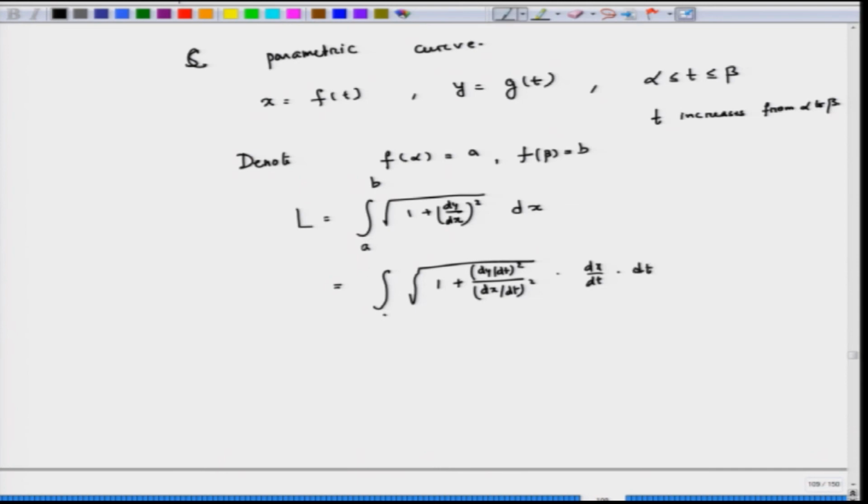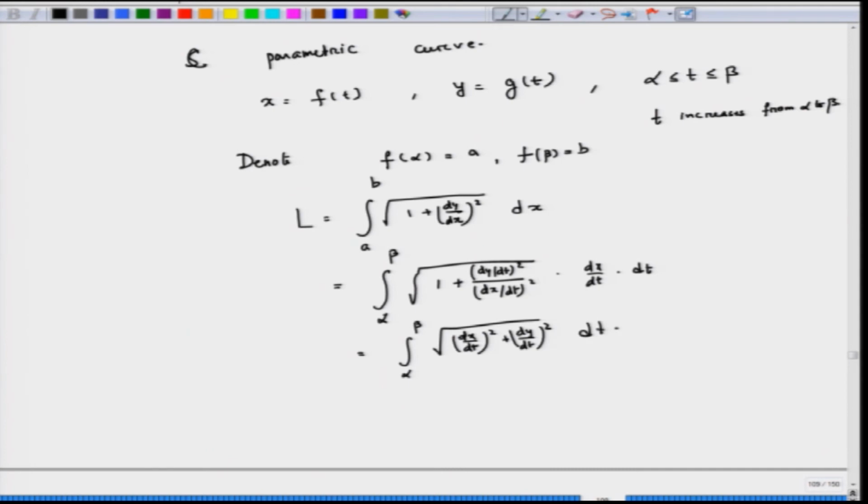Now, because we are putting a to b, t will vary from alpha to beta. So, if we compute, this is going to be the integral from alpha to beta of square root of dx by dt square plus dy by dt square, dt.